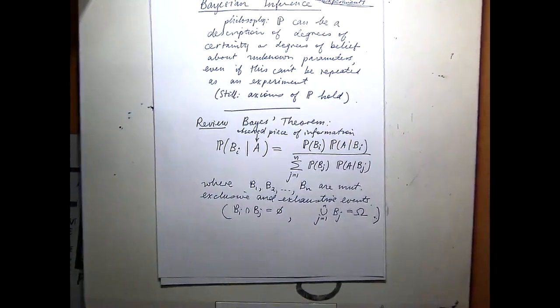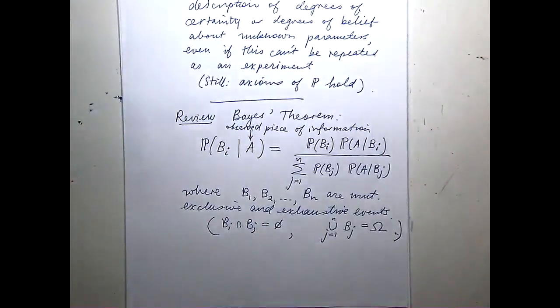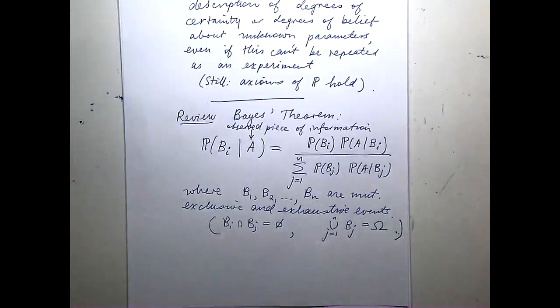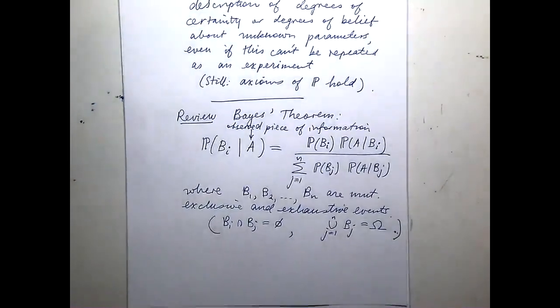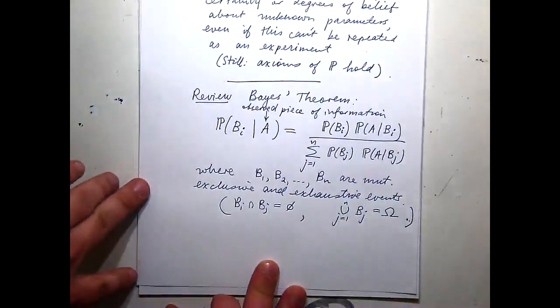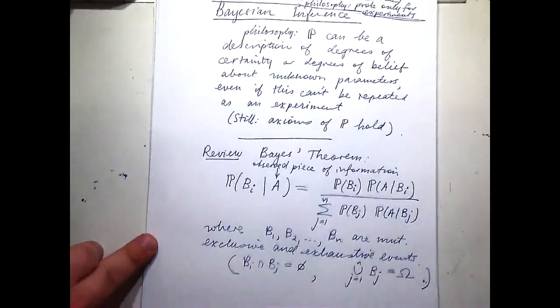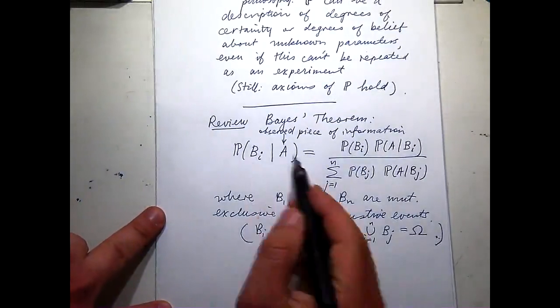You just go from the definition of conditional probability, because on the bottom you have the probability of A. Using the law of total probability, it was decomposed as shown. And then what is the interpretation?